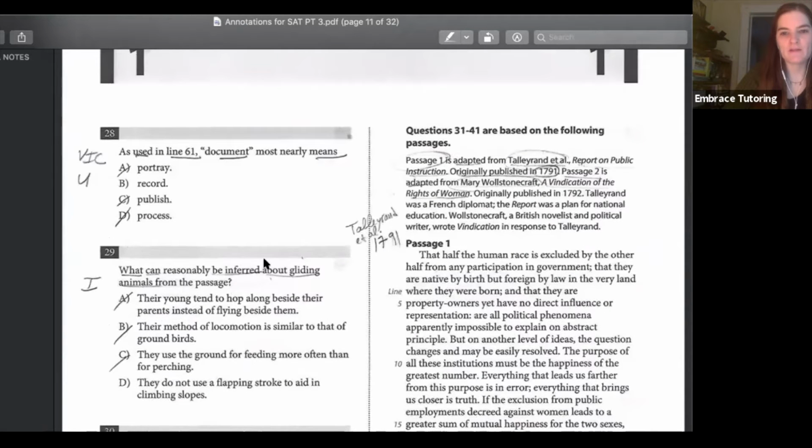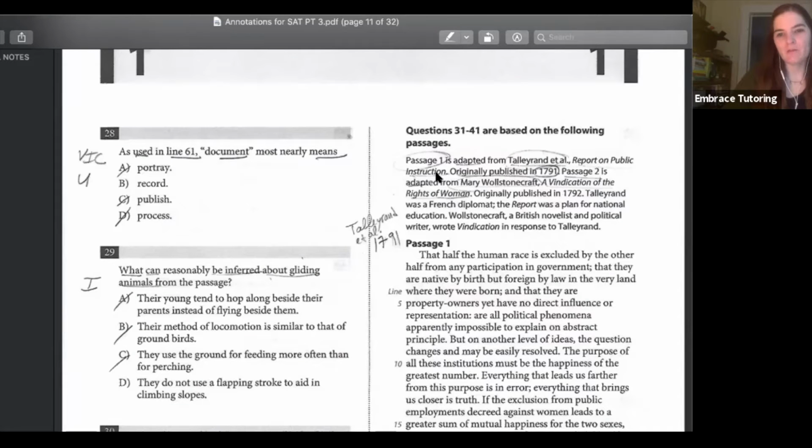So the paired passage, this one, relies heavily on understanding what was going on at this time period. Okay, and also understanding what specifically their focus is.